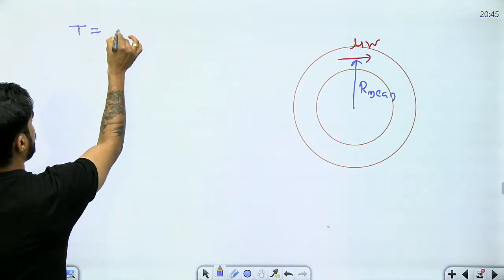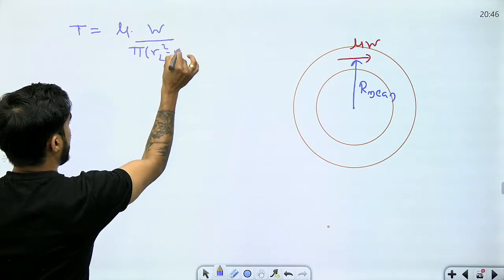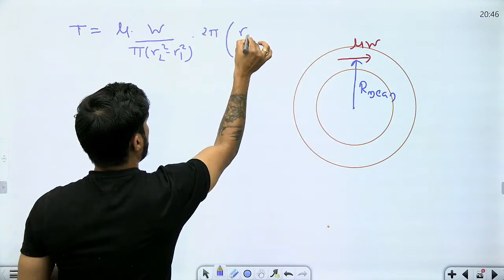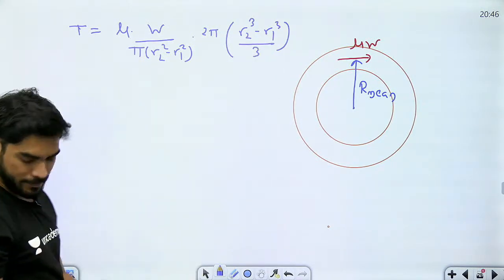So T equals mu into W upon pi R2 square minus R1 square into 2 pi R2 cube minus R1 cube by 3.